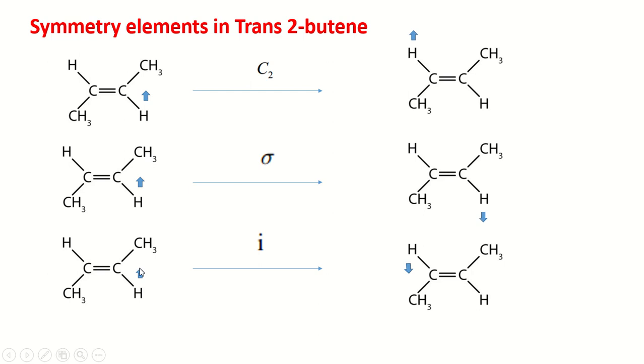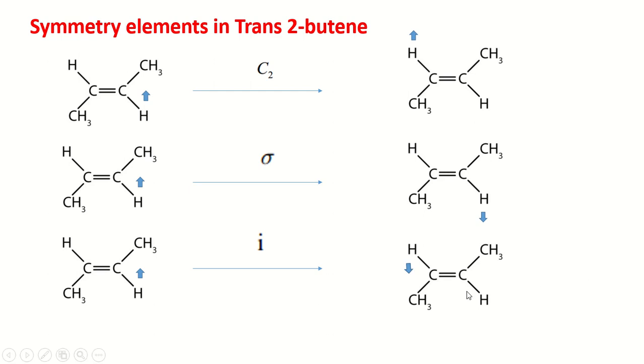If we travel to this atom here, we should go to the other atom downward like this. So we can say that for the inversion center, the arrow would be on the opposite side, in the downward direction. So this is the result of the inversion center.